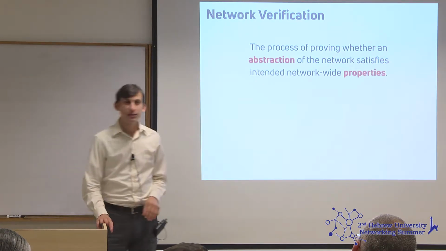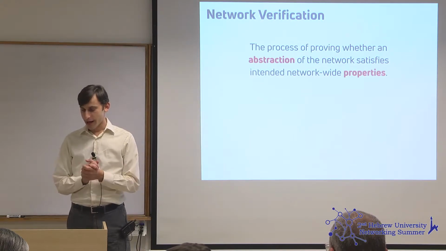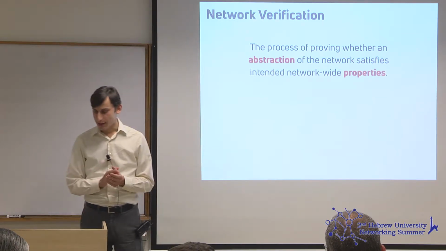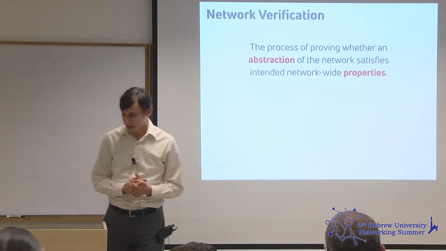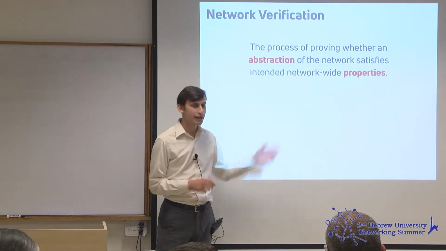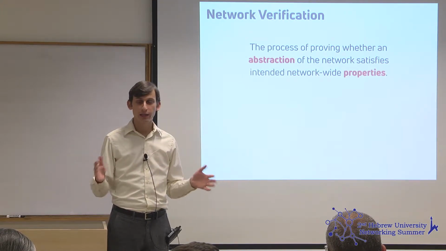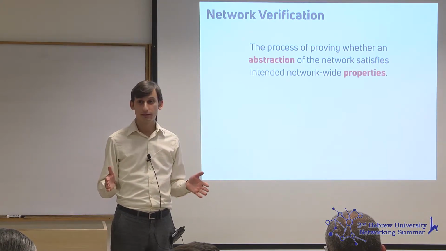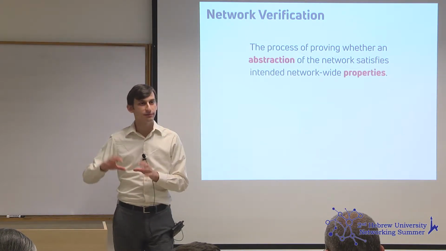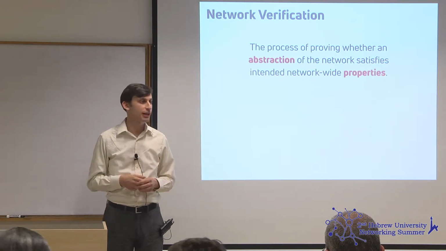Okay, so let's get to network verification. Maybe we can define it here. I took a crack at a definition. Network verification is the process of proving whether an abstraction of the network satisfies intended network-wide properties. So these words are important here. Network-wide: most of the work in this area is dealing with network-wide or end-to-end properties, rather than, let's say, a two-party state machine, and verifying properties of a protocol that's communicating between two devices.